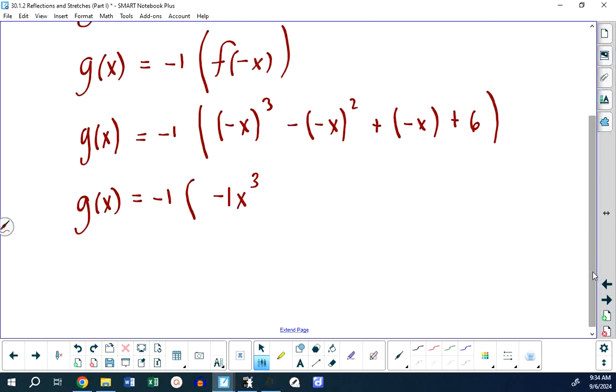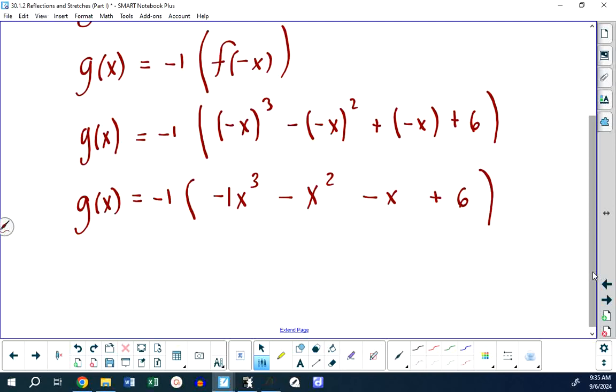Negative x times negative x times negative x is negative 1 times negative 1 times negative 1, which is negative 1, and then times the x times the x times the x. We have minus, and negative x quantity squared is x squared. And then we have plus negative x, and we have plus 6.